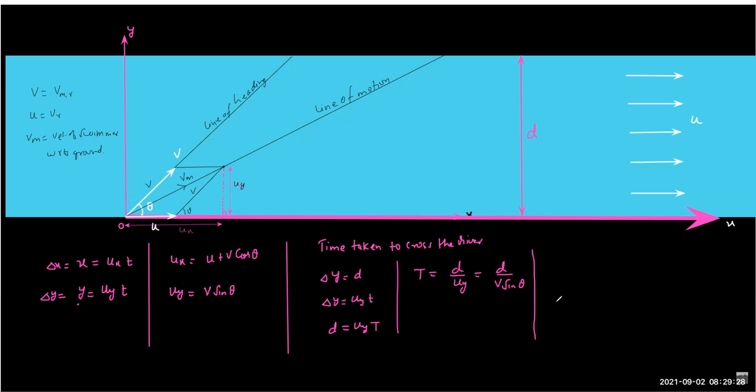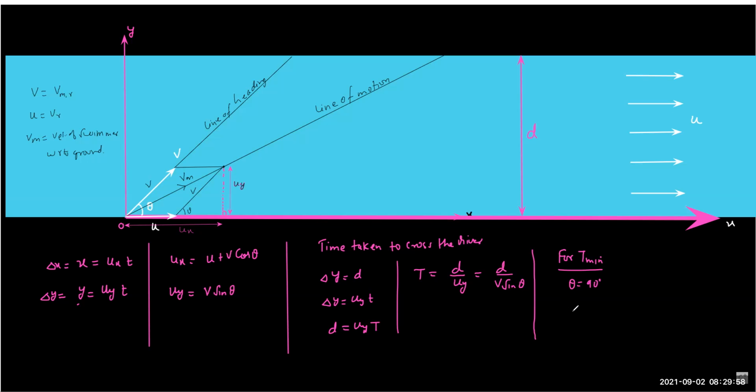So now the next question they will ask you: what is the minimum time to cross the river? What should be the line of heading which will let you cross the river in the least time? So for t minimum, we can see the denominator is sin theta. Perfect. So for t minimum, theta must be 90 degree.